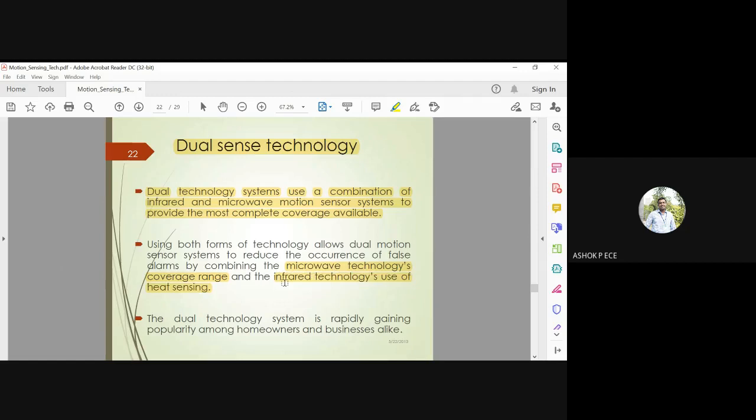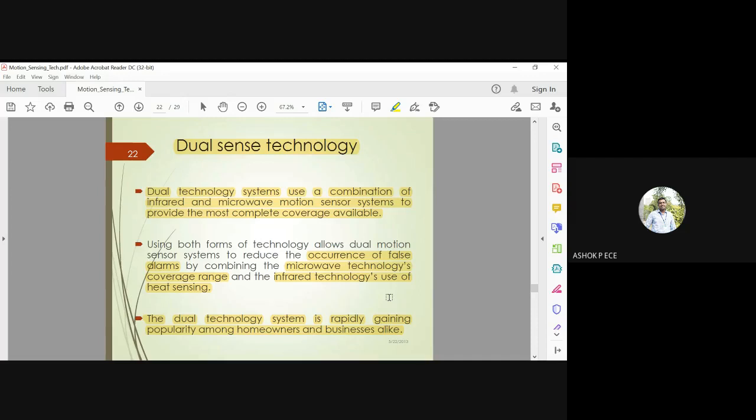So when I combine both, I reap the benefit of reducing false alarms. A false alarm means wrongly detecting motion. Falsely, you are giving an alarm saying motion is detected. So you can reduce false alarms by combining microwave and infrared technology.